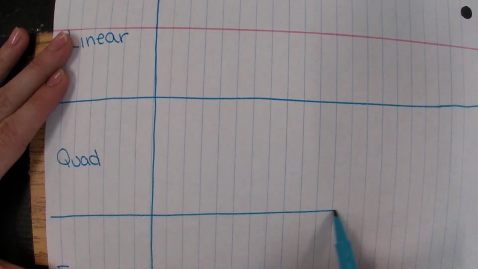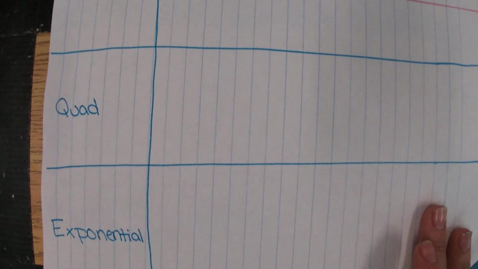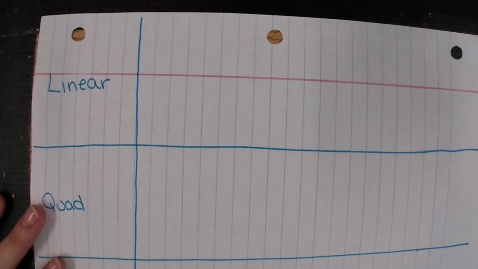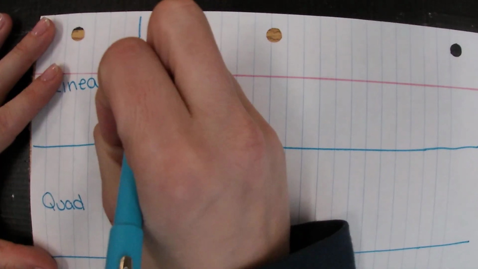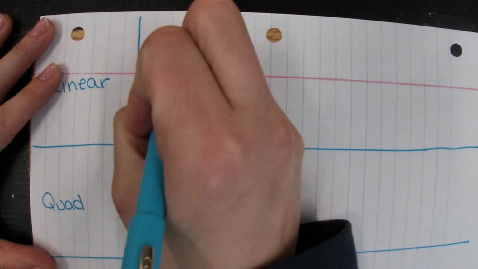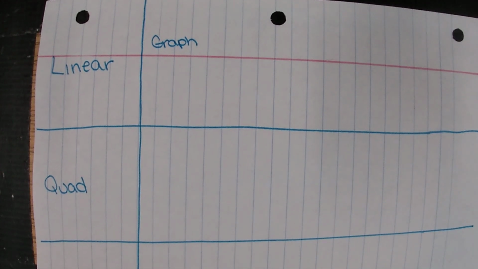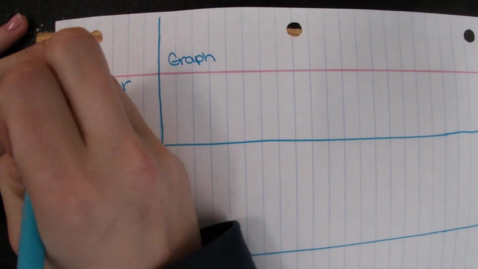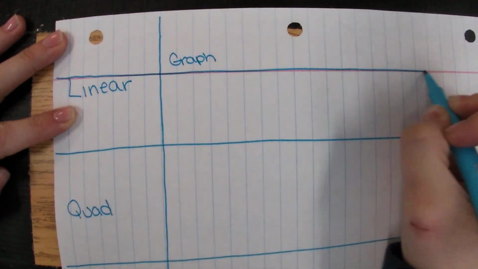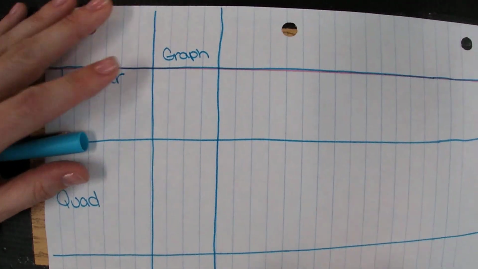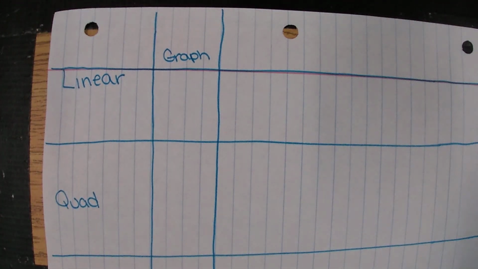So one of the ways that we have looked at linear, quadratic, and exponential functions is that we can look at these as a graph. We have spent time graphing each of these types of functions. Okay, and as we go through those different types of graphs, we have seen that they all give us different types of pictures.